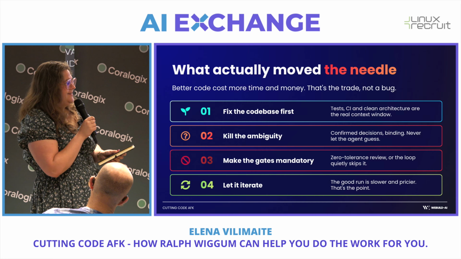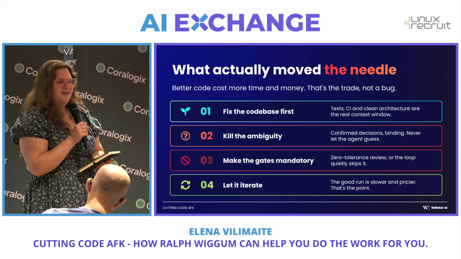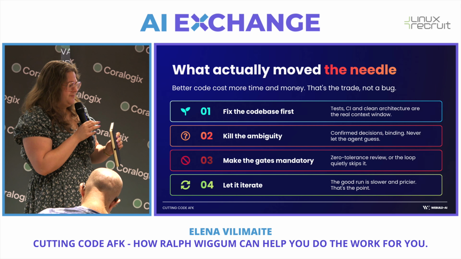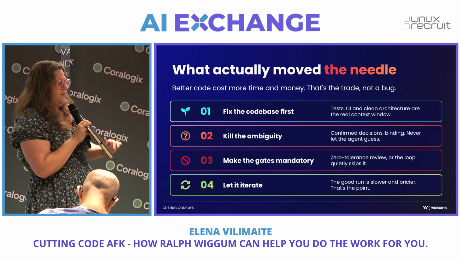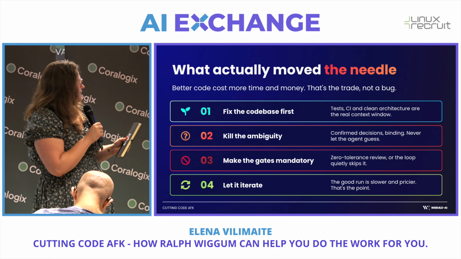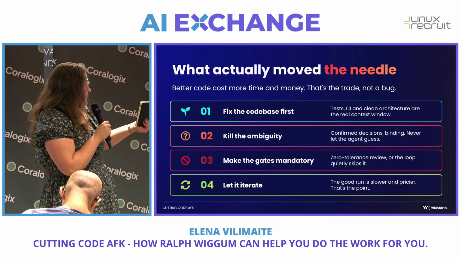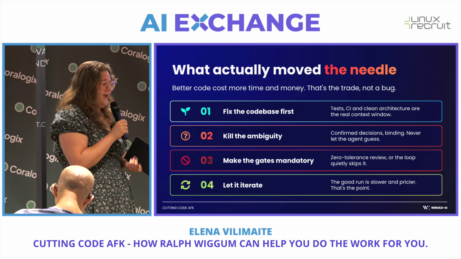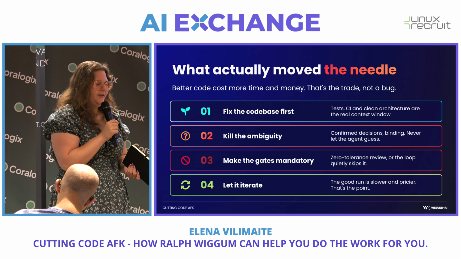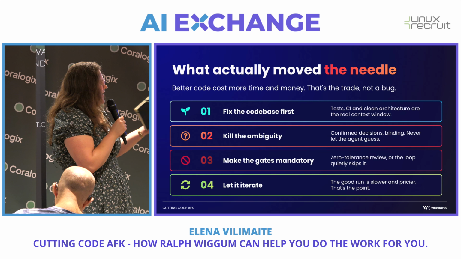Kill the ambiguity, answer your 20 questions, ask for 60 questions. Just make sure the agents know exactly what they're doing and they don't need to make any decisions for themselves. Make sure the gates are actually mandatory. You're going to have to scream at it a couple of times to actually get it to run properly. And yeah, just let it iterate.